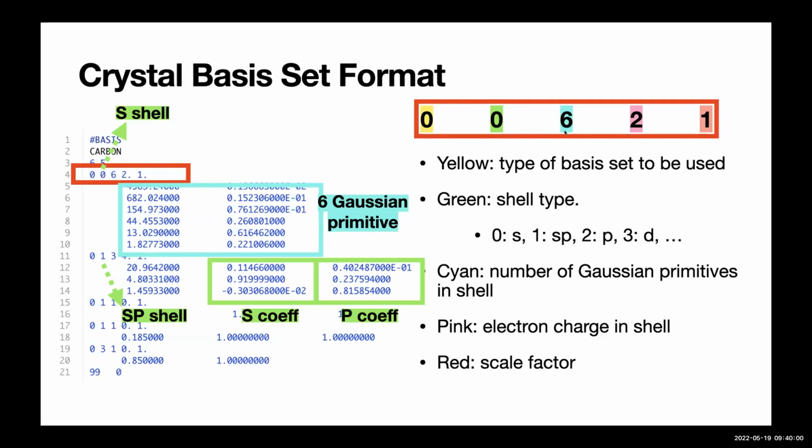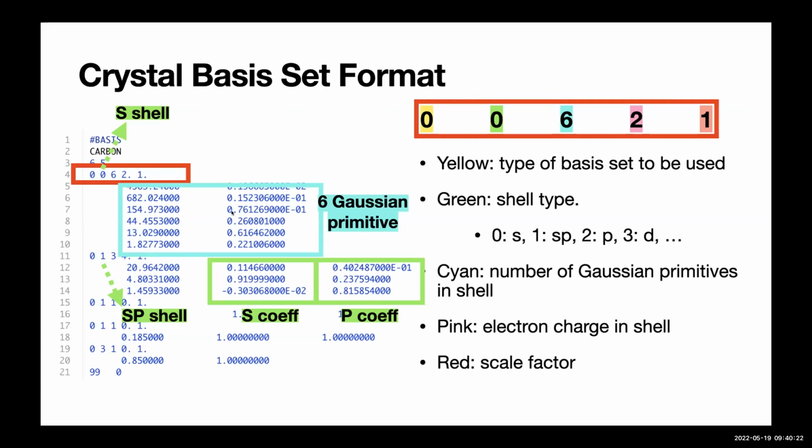For each shell, for example, we have 0 0 6 2 1 over here. I color shaded them for easier reference. The yellow 0, the first 0, is telling you what type of basis set is to be used.